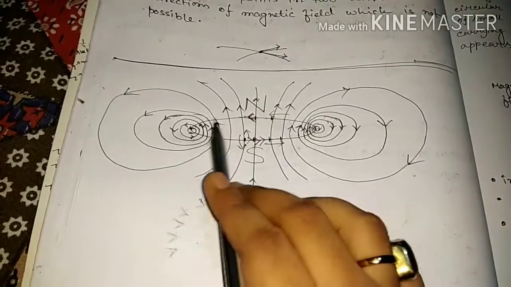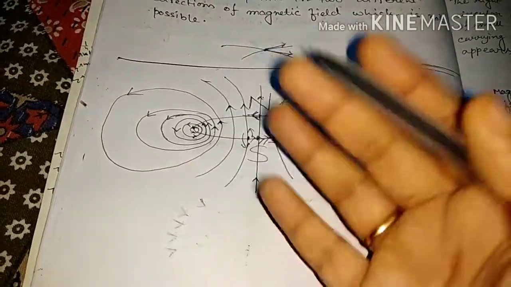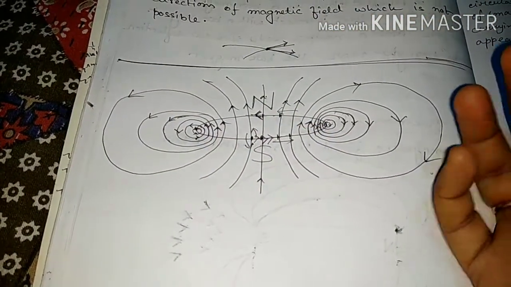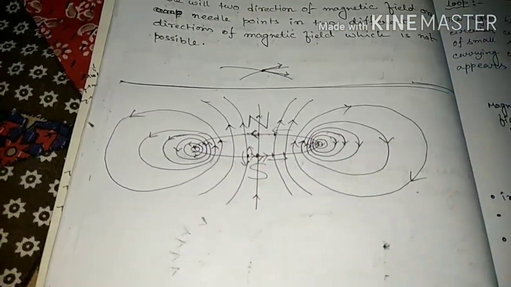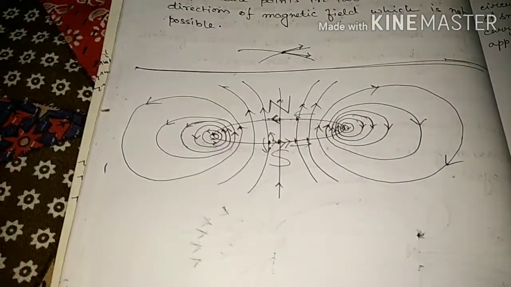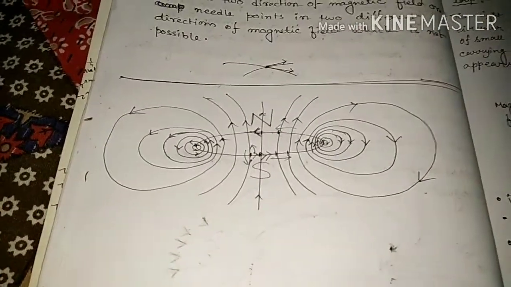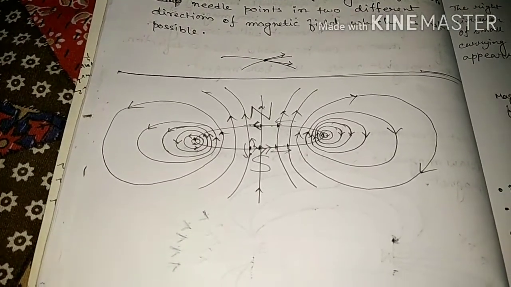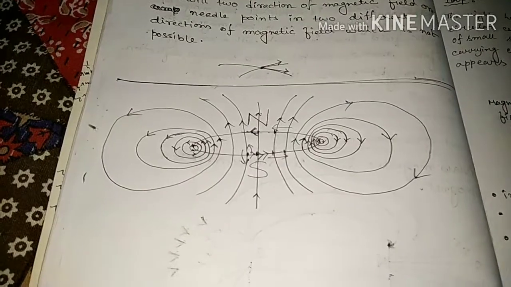So when this circular coil creates a magnetic field, it behaves like a magnet, so it also has two poles, one south and one north, and we can very easily understand which side of the coil is the south pole and which side is the north pole.